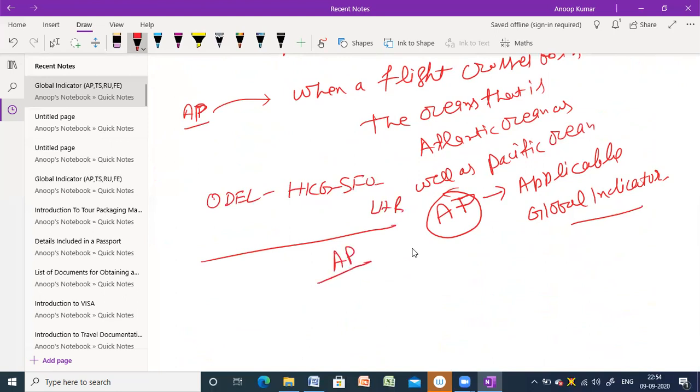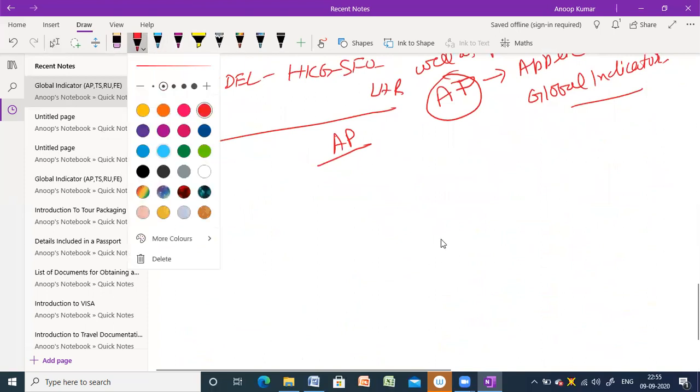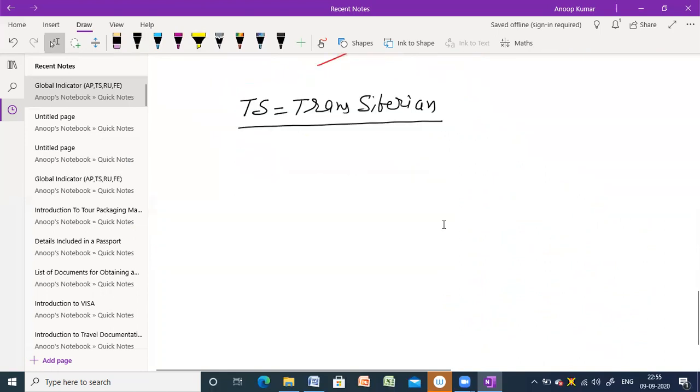Now we move to the next global indicator, that is TS. The full form of TS is Trans-Siberian. Before coming to the remaining global indicators TS, RU and FE, I just wanted to show you the world map first.